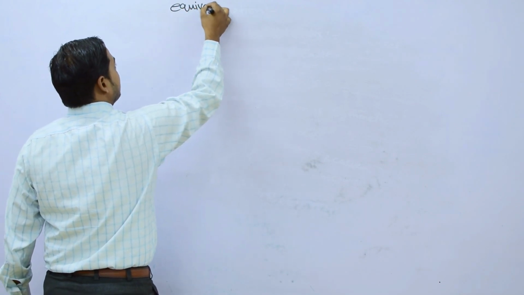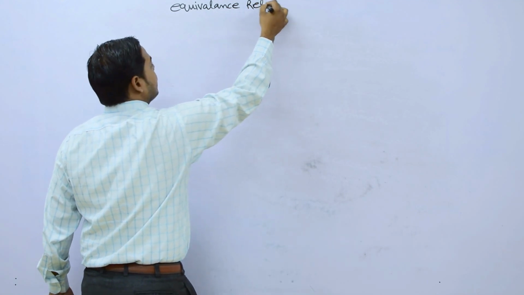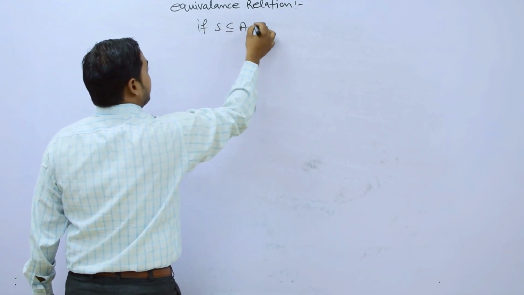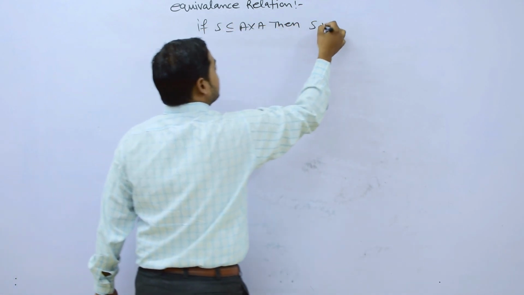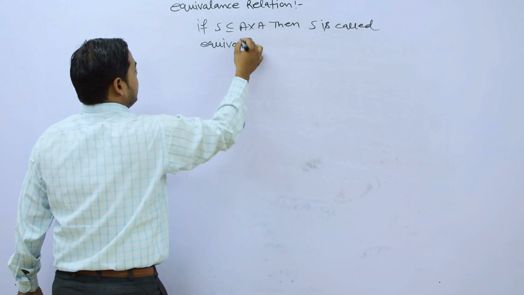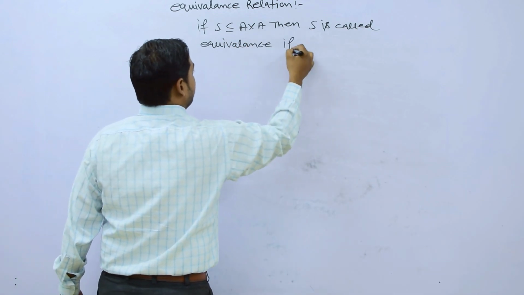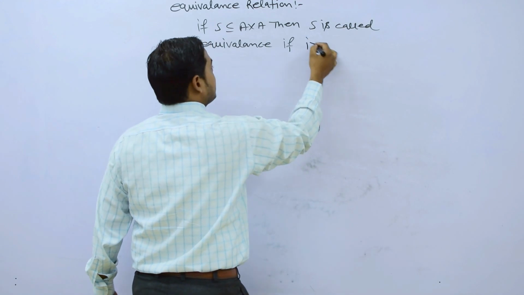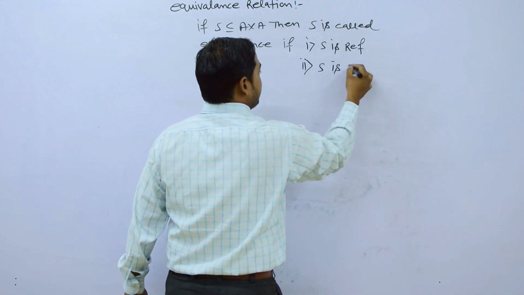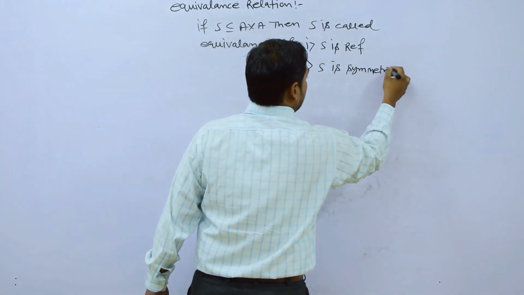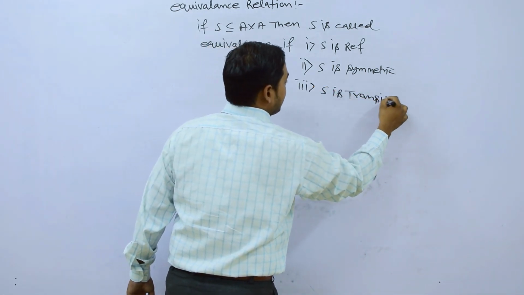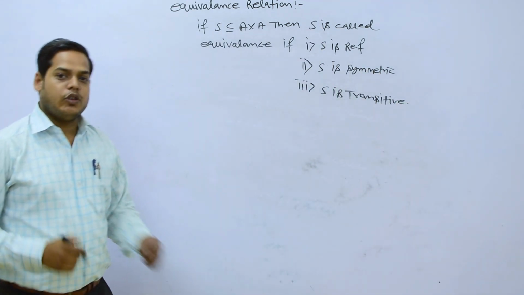Equivalence relation: if S is a subset of A cross A, then S is called equivalence if first S is reflexive, second S is symmetric, and third S is transitive. Then we say the relation is an equivalence relation.